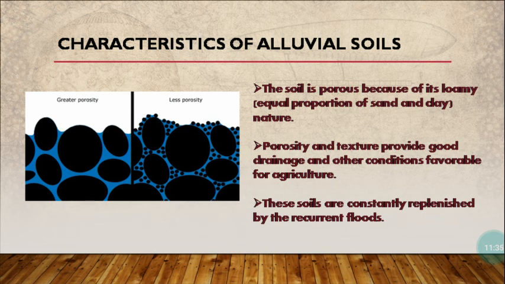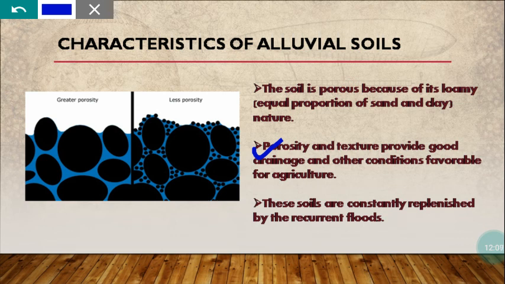That means easily the air and the water can go inside the soil, which can make the soil more fertile, more alive for the plants and also for the animals. Number 2, porosity and texture provide good drainage. So easily the water can drain, and other conditions are favorable for agriculture.